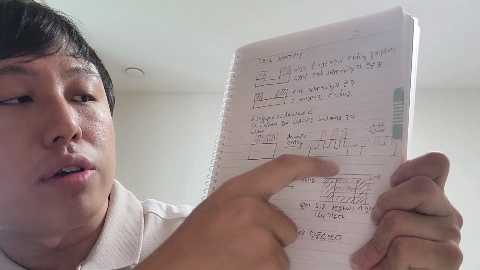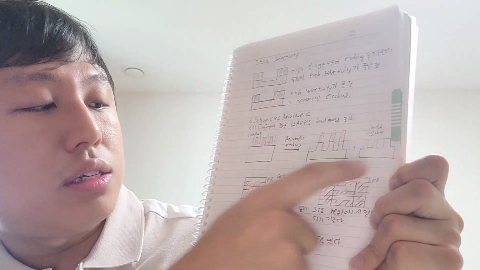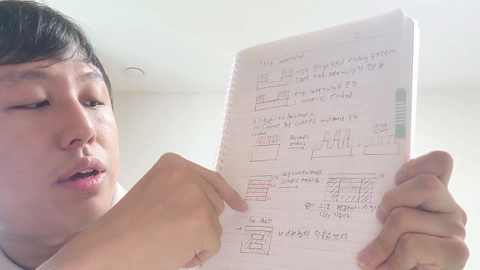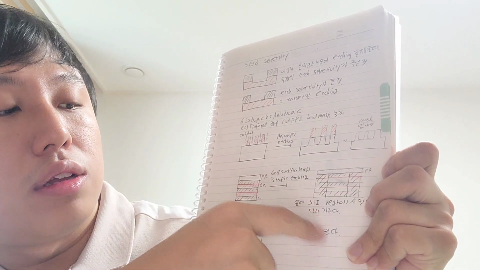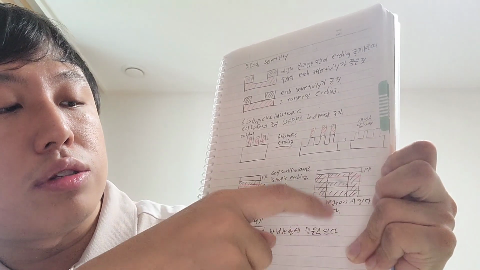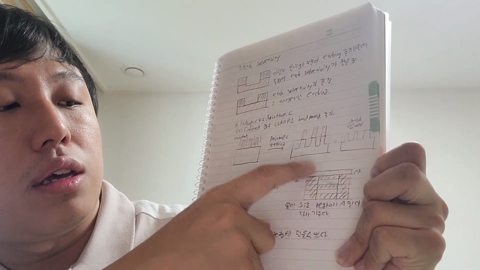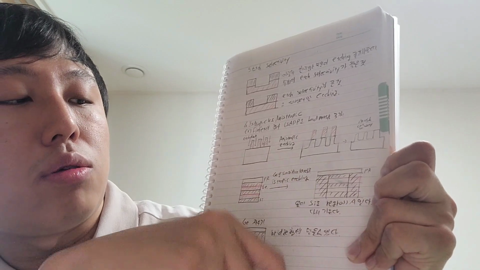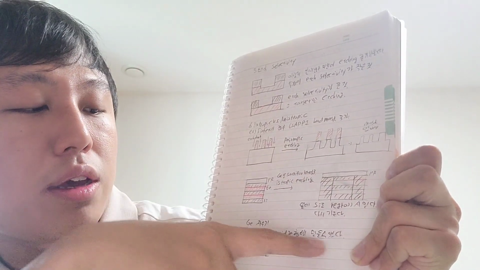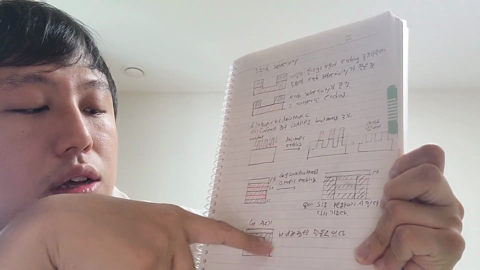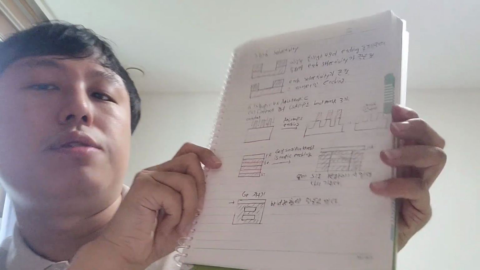And finally we will make this. In anisotropy etching, first this, and we etch here and here using silicon, so we can make a bridge shape like this.